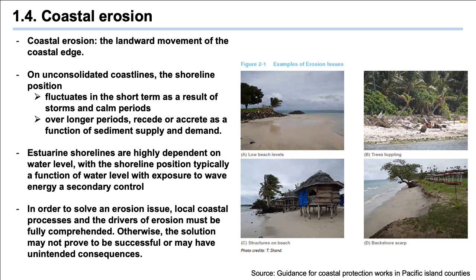In order to solve an erosion issue, local coastal processes and the drivers of erosion must be fully comprehended. Otherwise, the solution may not prove to be successful or may have unintended consequences.